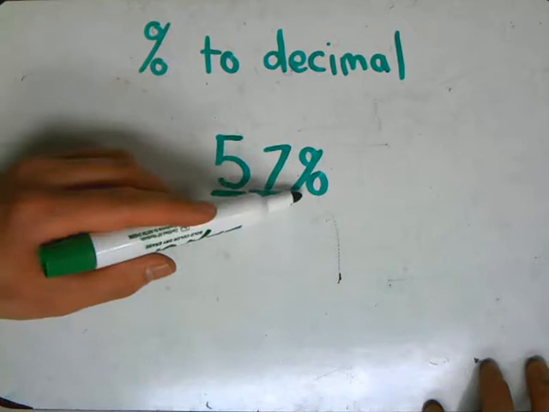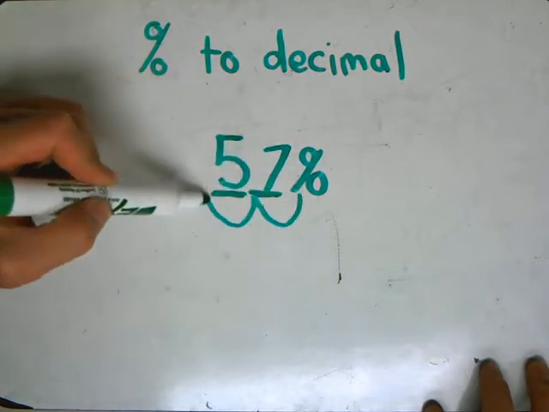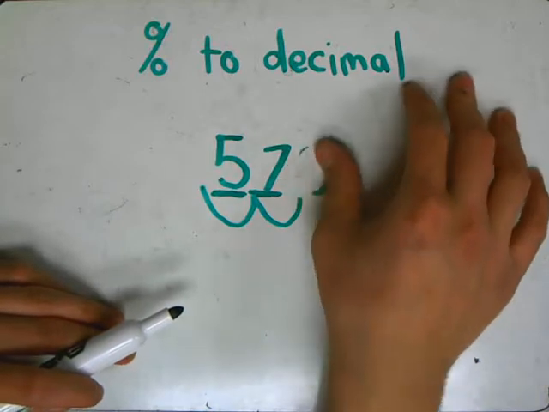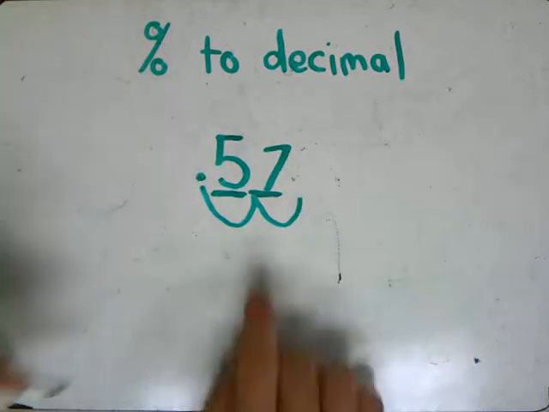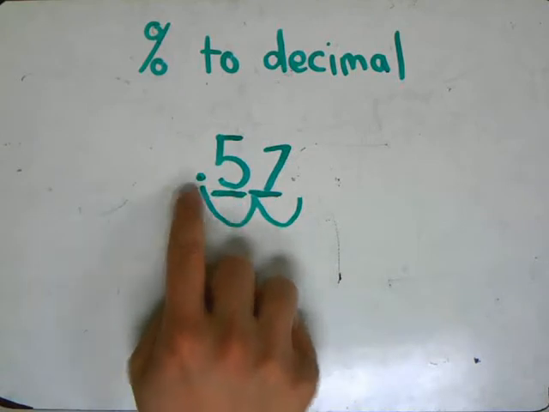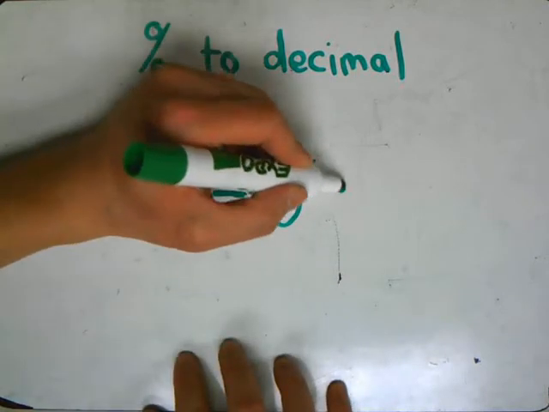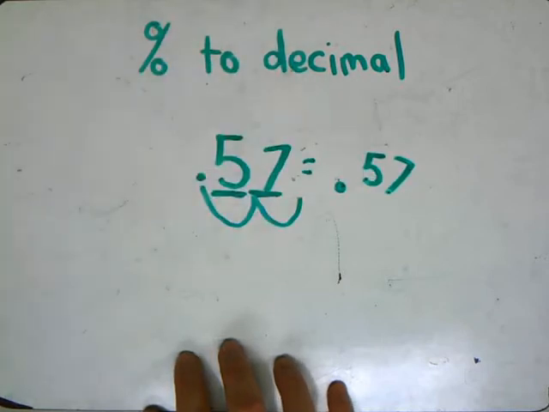You have to take your percent sign and move it 2 place values to the left. Okay? And when I do that, I can erase my percent sign and I can rewrite it as a decimal. I just moved over 2 place values, and this is my answer, which is the same thing as 0.57 or 57 hundredths.